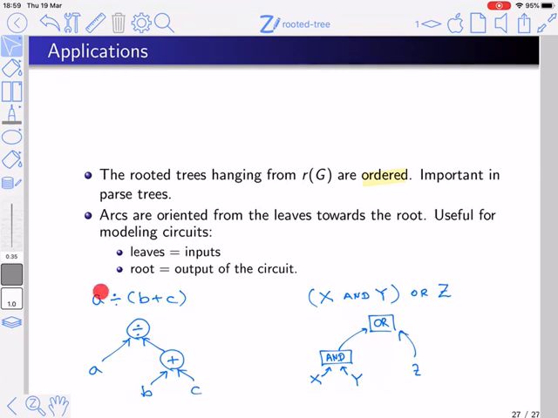We divide A by the sum B plus C. So we connect A to the node labeled by division, and we connect the plus with an edge, again, to the division. This is called the parse tree of the expression A divided by B plus C.